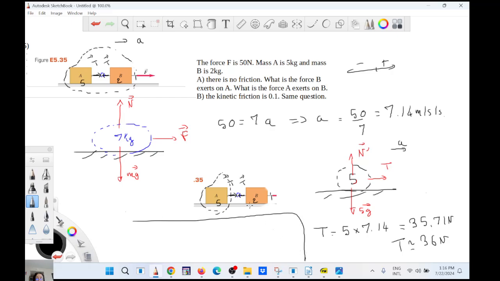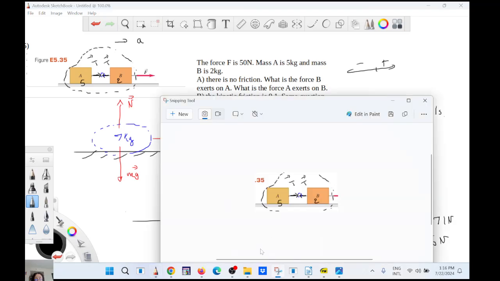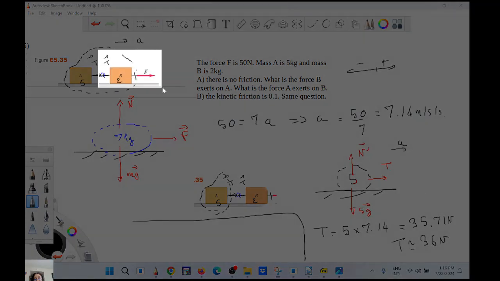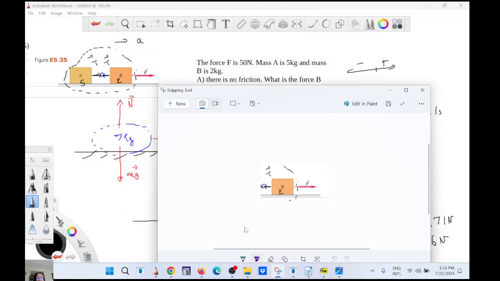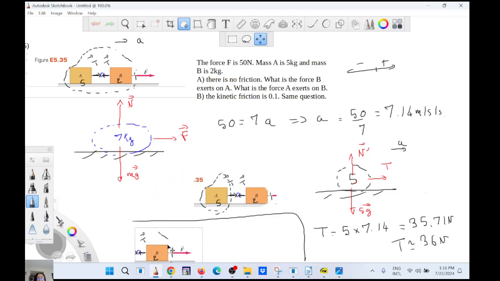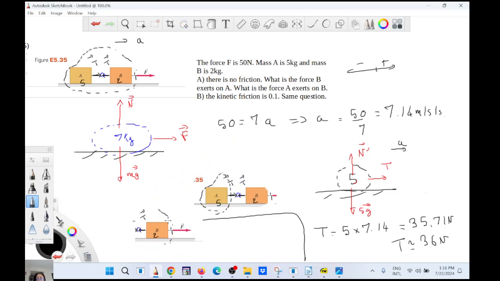Now, I could instead use this other system. That will be my bag here. In that case you have the weight, 2 times G, another normal force, because the normal force depends on the weight, and you have a tension T here.